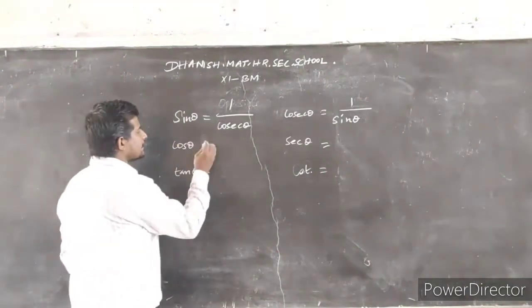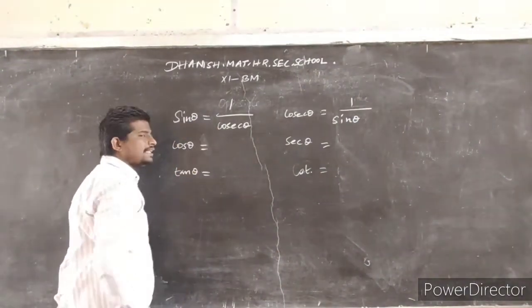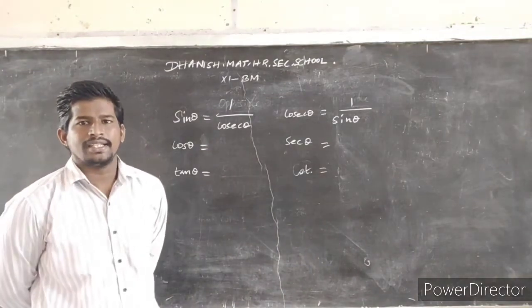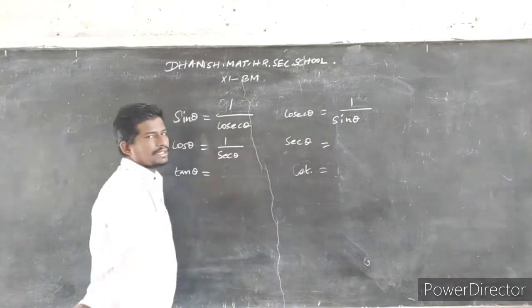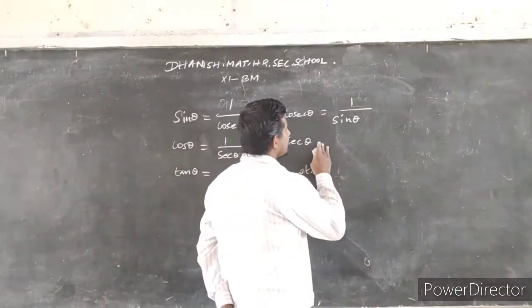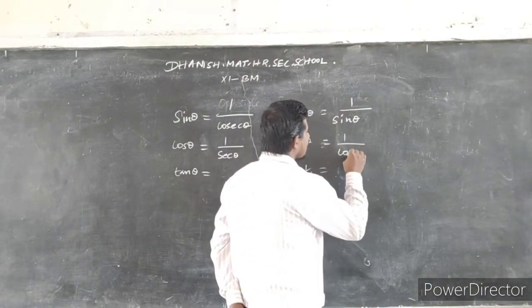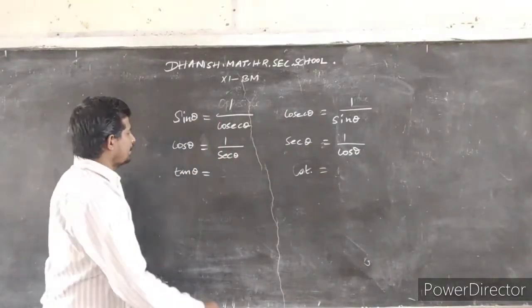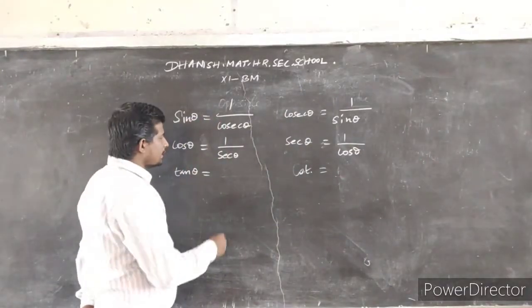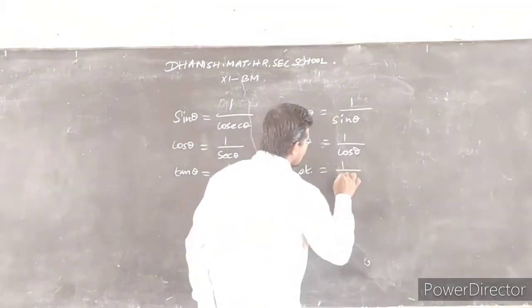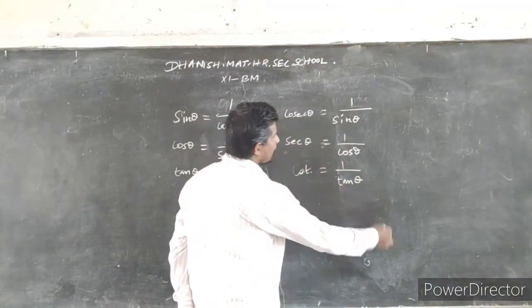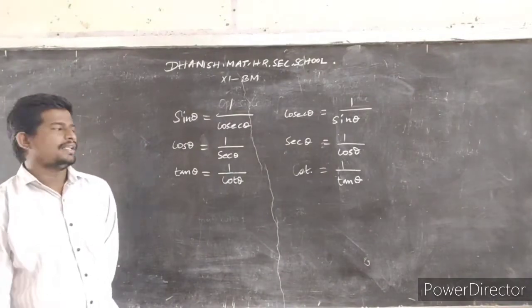Cos theta can be written as 1 by secant theta, and secant theta as 1 by cos theta. Tan theta can be written as 1 by cot theta, and cot theta as 1 by tan theta.